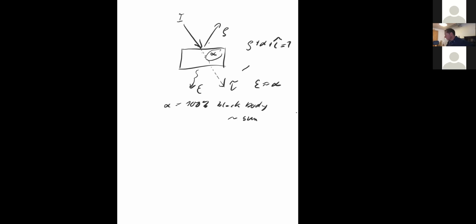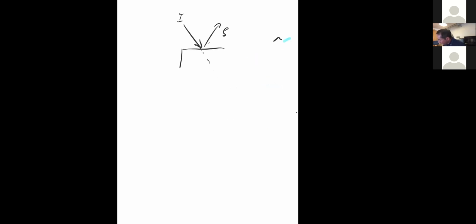So this is about these quantities to repeat. And the second thing is the relation between transmittance and the other two quantities.